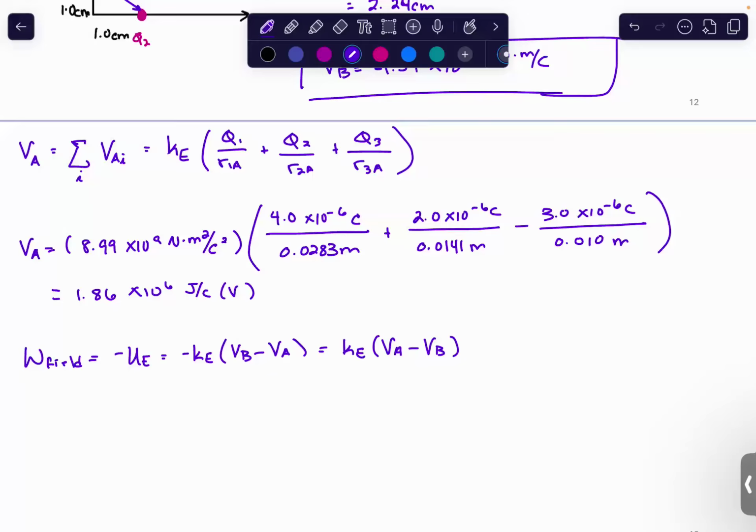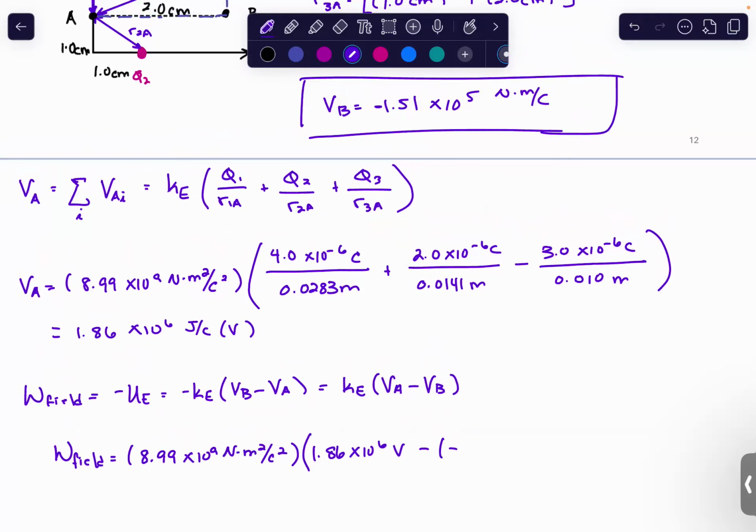So we can do that. And then we have 6. Minus. And then our potential at B.